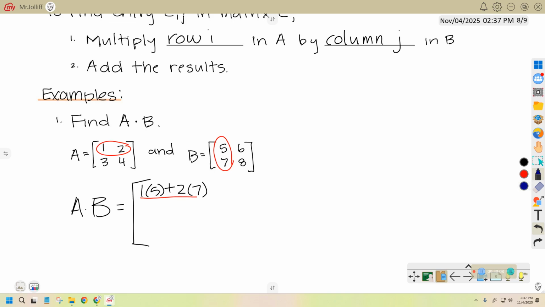I'm color coding them so you can visually keep track of what we're doing at a time. That's why we're doing baby steps and why I'm color coding, because it's going to get complicated. Okay, in my answer, I should have a second column. So first row, second column means first row in the first, second column in the second.